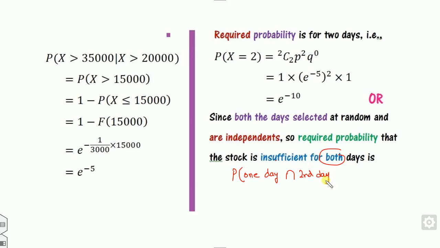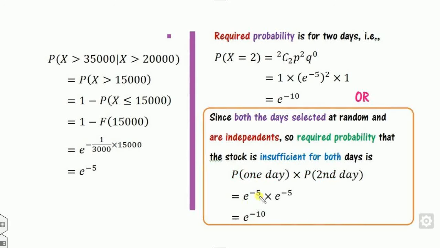And what is the probability of A intersection B if A and B are independent? Yes, this is nothing but probability of A multiplied by probability of B. So you have to find the probability of one day multiplied by the second day. This is the probability for a single day, so this is the required answer. You can see both have the same answer. So this is the simple procedure you can follow for the exponential distribution.